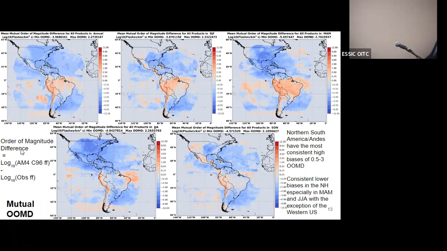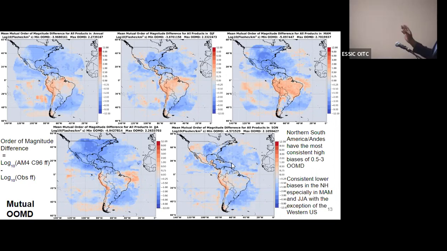What I've done here is take the mean of the GLM, TRMM LIS, and ISS LIS biases compared to the model. On the top left is the entire 2018 to 2020 time period, and then I go through the seasons, DJF to SON.